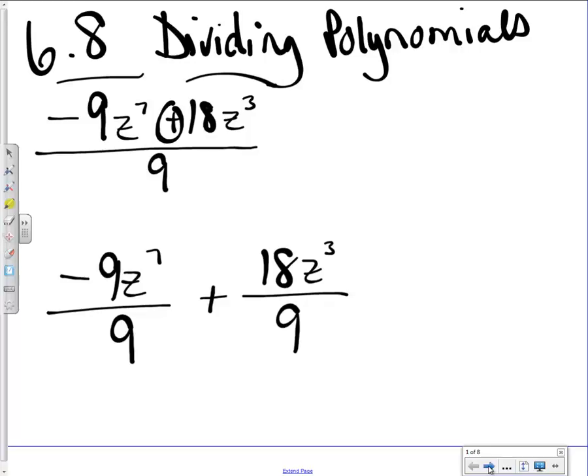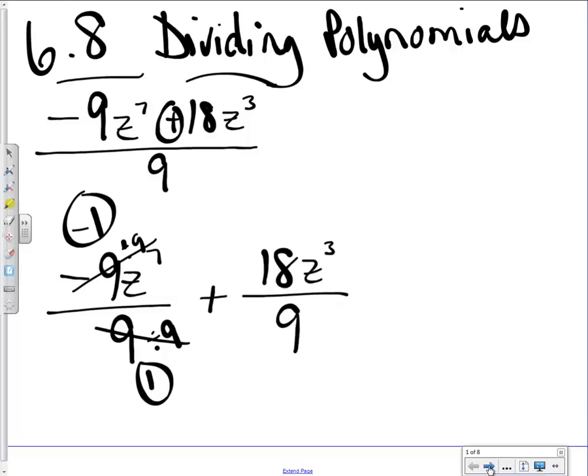So that's negative 9 z to the 7th divided by 9. I can simplify 9 and negative 9 by dividing by 9 on both of them. Okay? Z to the 7th, there's nothing in the denominator that can simplify with z to the 7th.